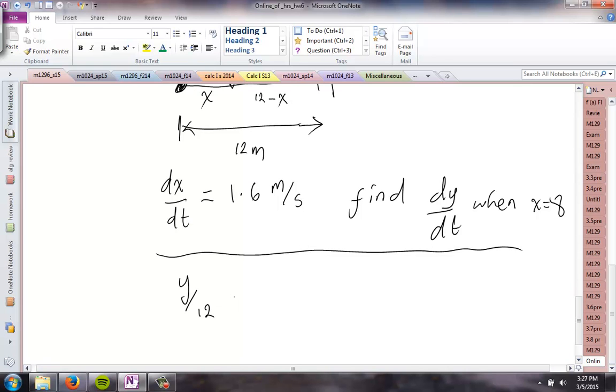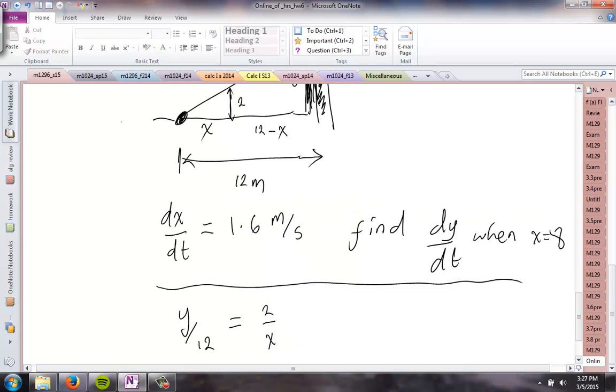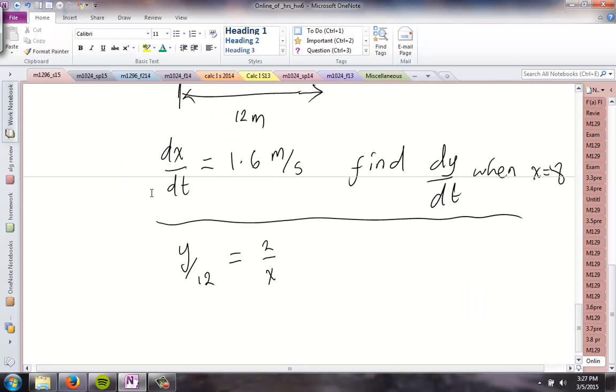Okay, so that ratio is equal to the height of the person over the distance x the person is from the light. So if you solve for y there, you get 24 over x. Alright, so that's your equation for y.